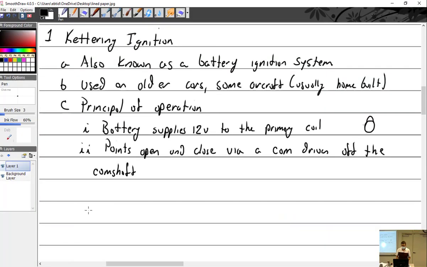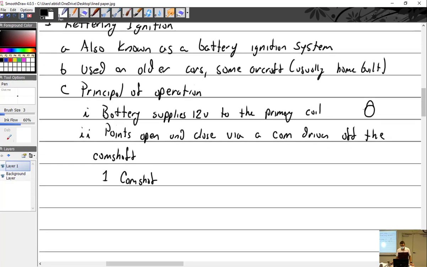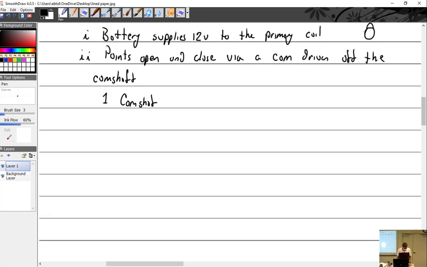So points open and close via the cam, driven off that camshaft, because the camshaft is the brains of the operation. Because I said cam and then camshaft, I'll try and be consistent.